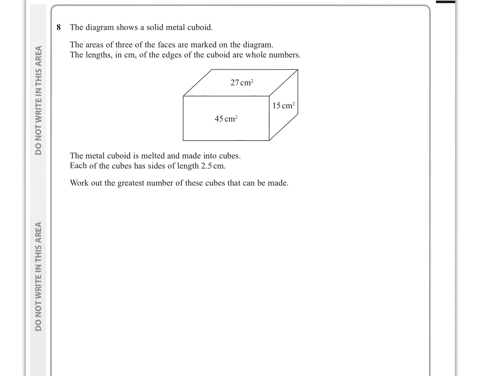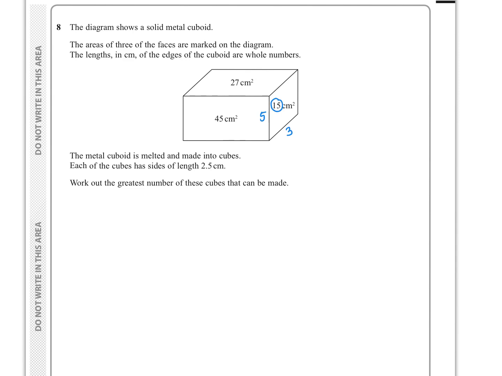We could say this was 15 and this was 3, because 3 15s are 45, but then if you think about it, this would have to be 15, and we can't make 27 by times-ing 15 by a whole number.